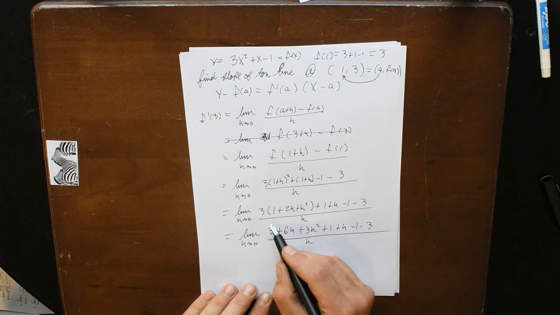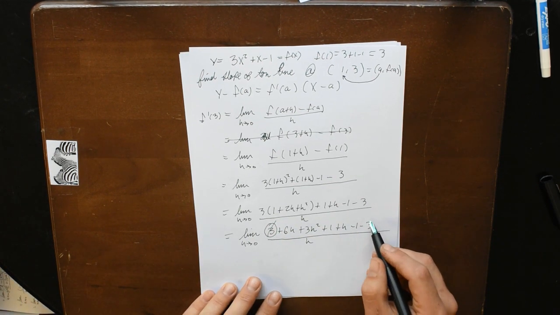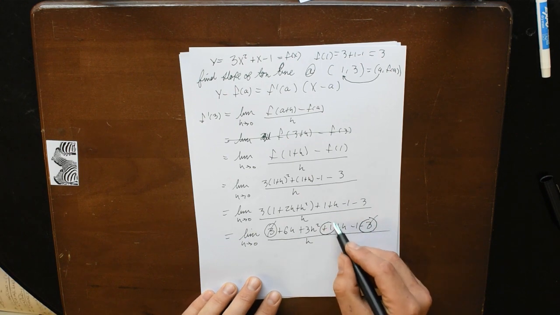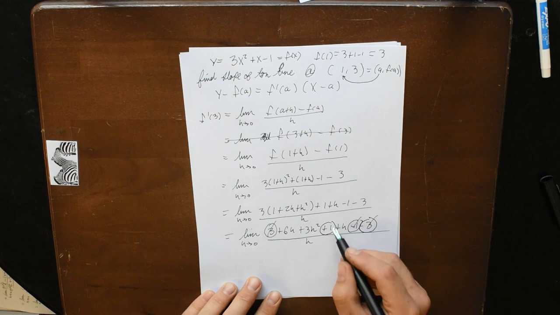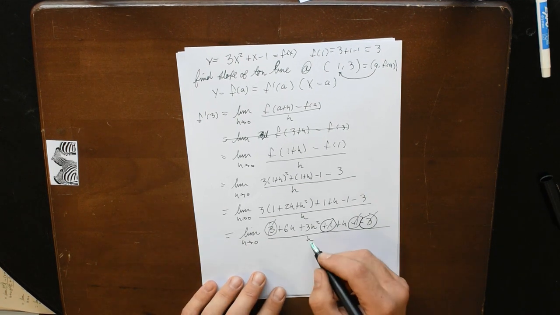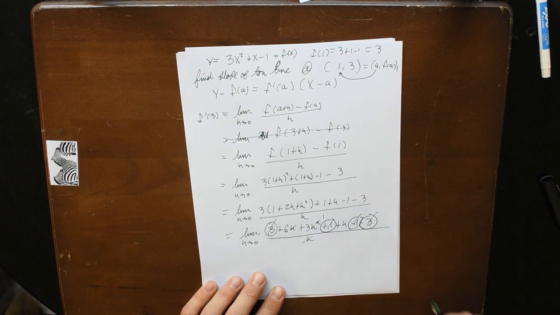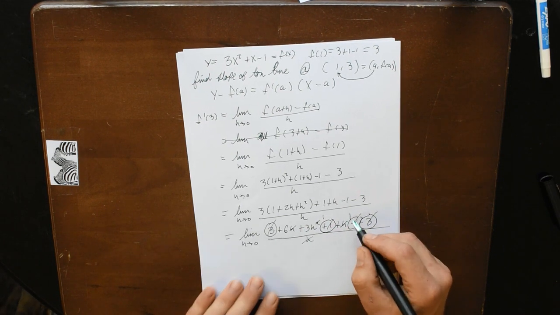The plus 3 cancels with the minus 3, and the plus 1 cancels with the minus 1. And one of those h's cancels with the h in the denominator, turning it into a 1.